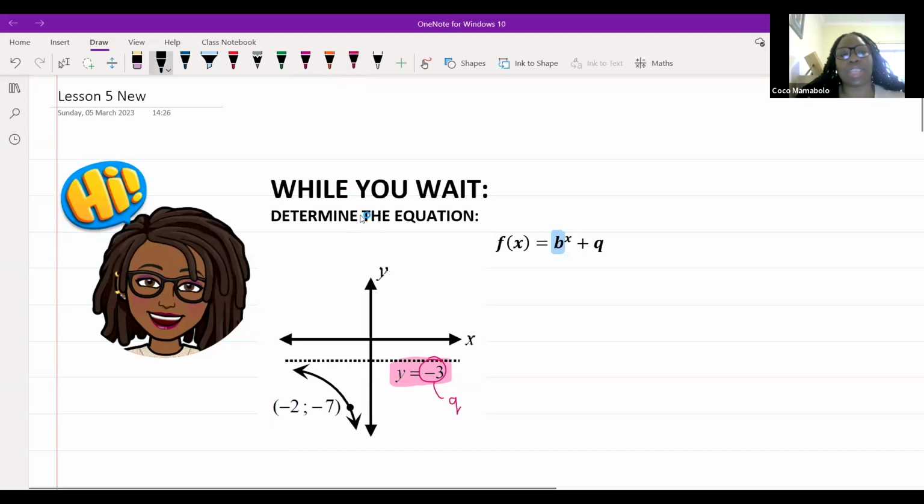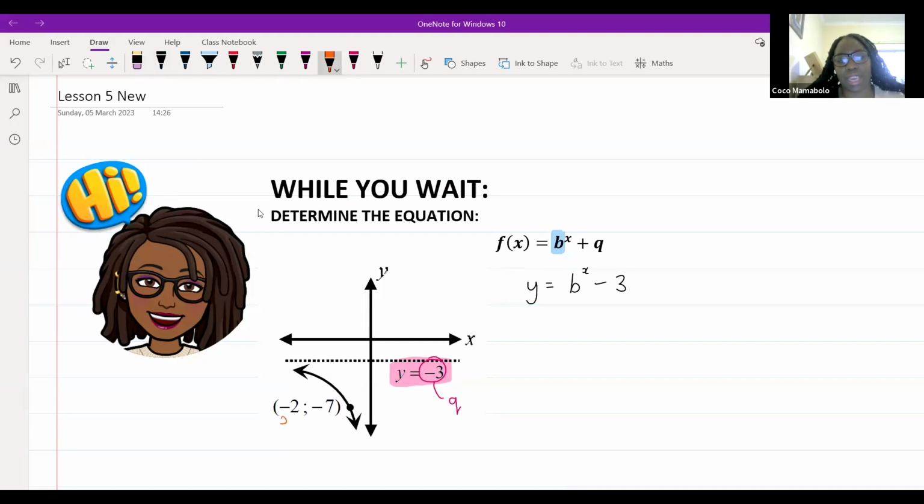So at the moment, I already know that I can go in here and say that f of x is equal to b to the power of x plus, not plus cube, -3, right? Because my q value is -3. Now, in order for me to find the b value, which is what I need, I'm going to change this f of x to y, and I'm going to use the value that they've given us to substitute into the formula that we've got over here.